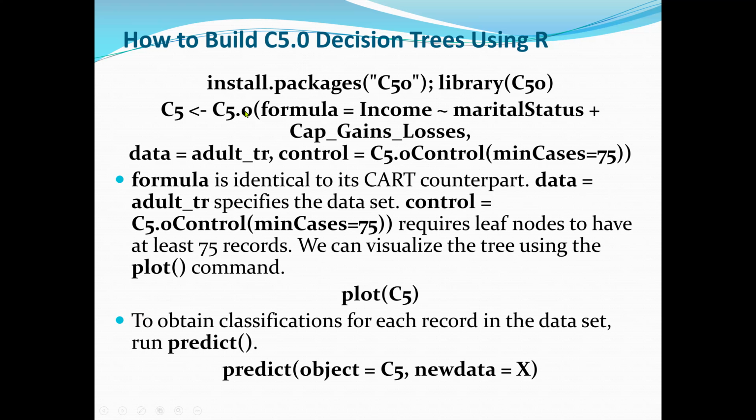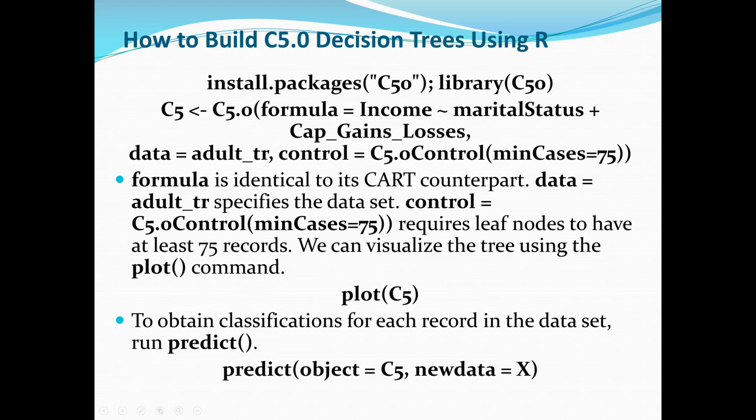It takes arguments. The arguments will be, again, we specify the variables in our data set, etc. So here the core input value is the formula input. The input for the C5.0 is the formula input, which is again identical to the CART counterpart, the same thing as we did for the CART.